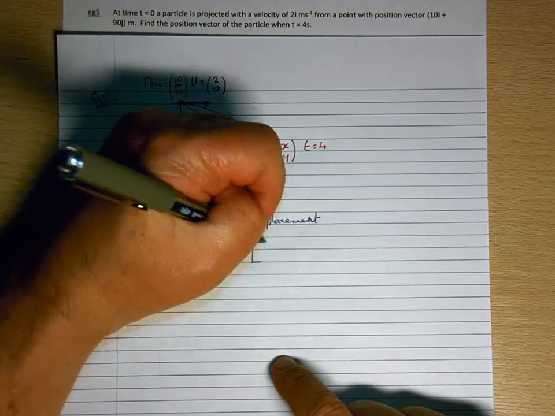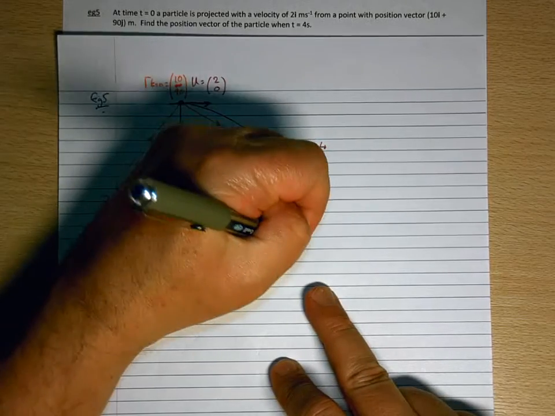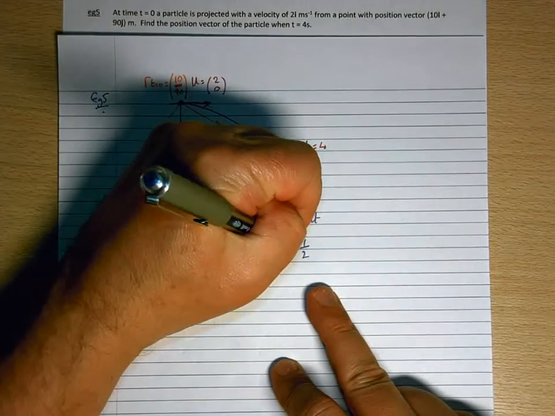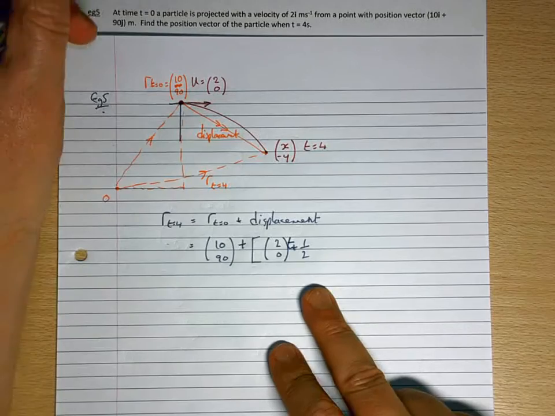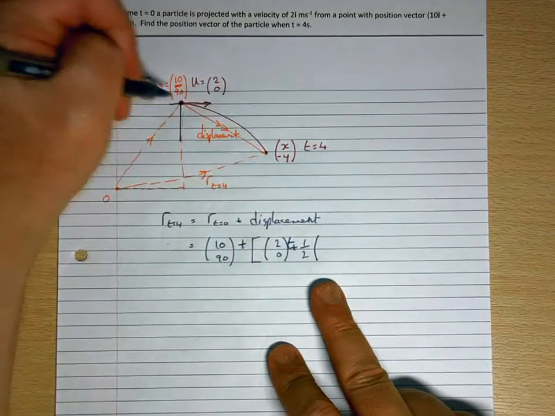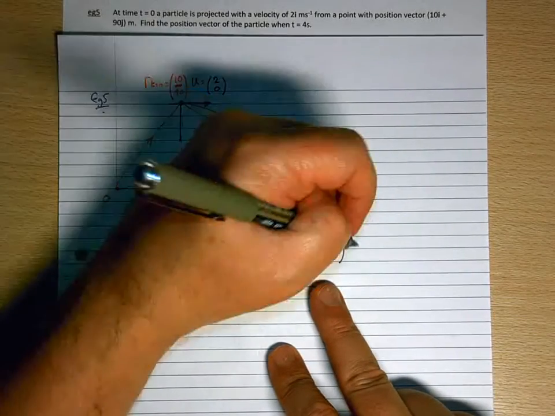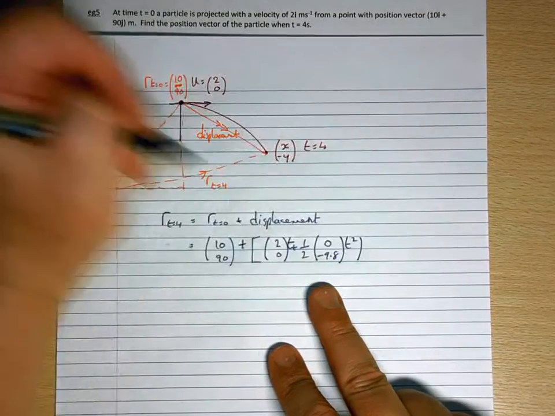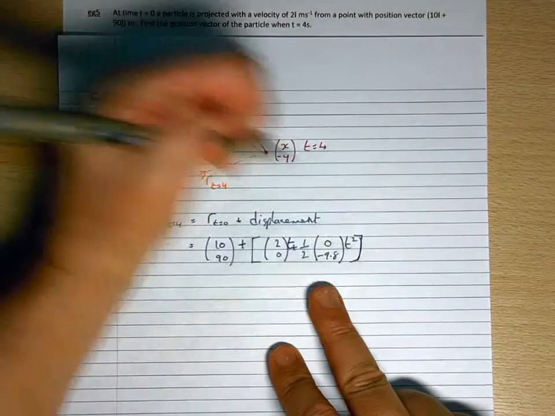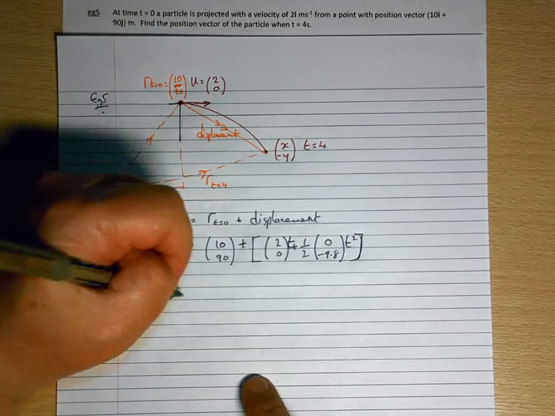U is (2, 0), and I've forgotten the t again. So ut is (2, 0)t plus a half, ax is 0, ay is minus 9.8, t squared. And I know that t equals 4.